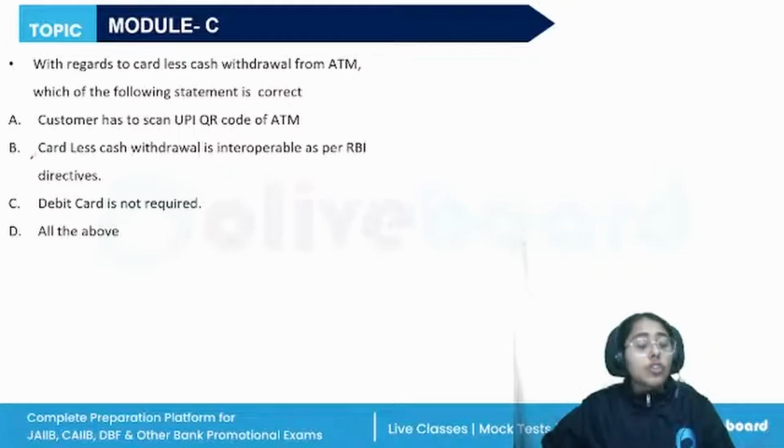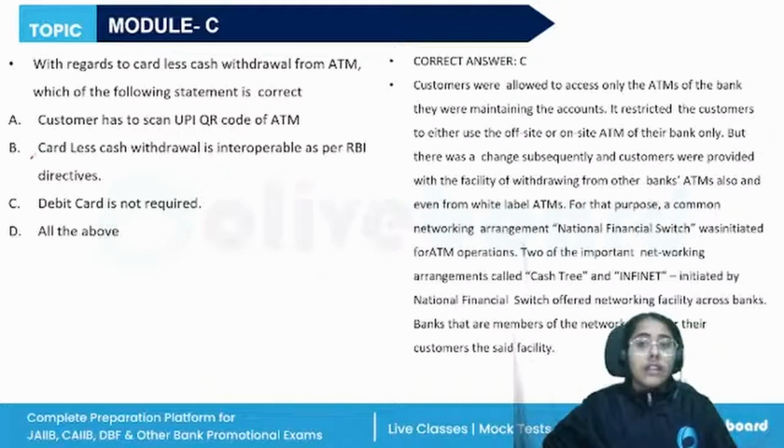Debit card is not required. Or option D, all of the above. So, the correct answer, does the question ask us which of the following is correct? So, it will be D.